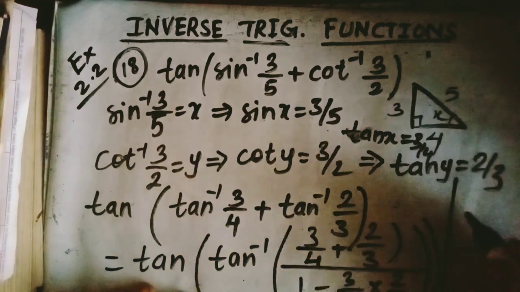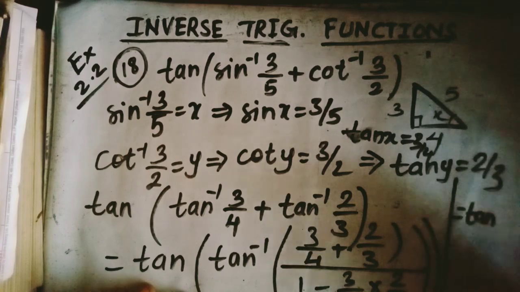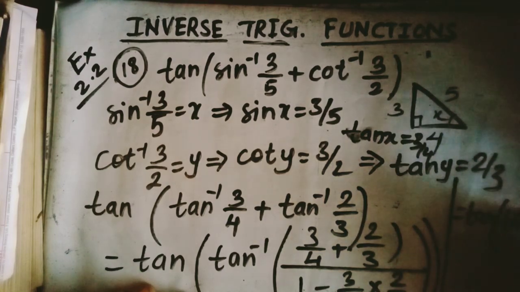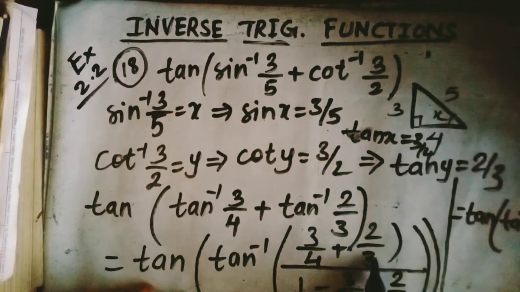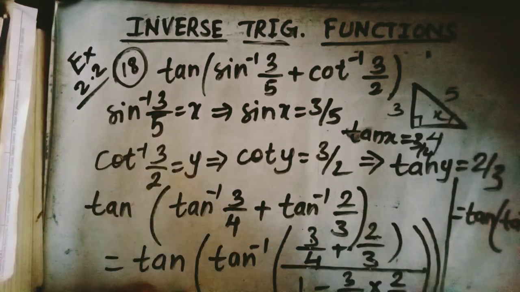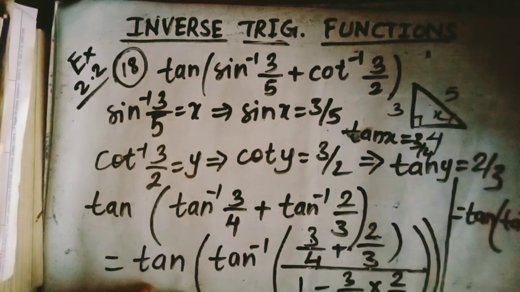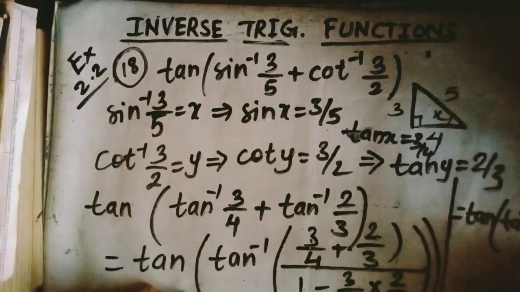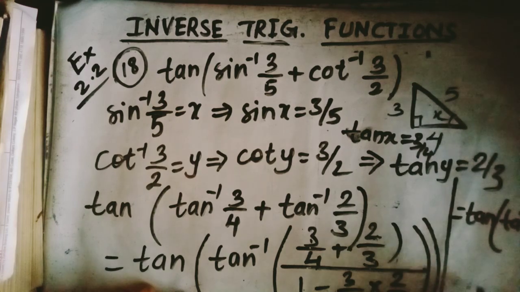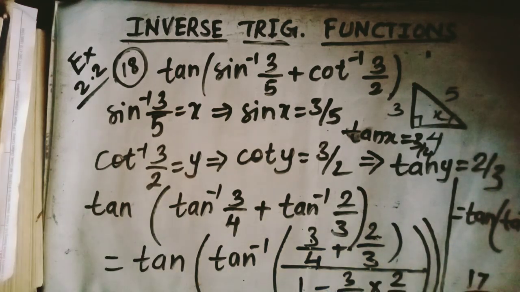So this will be 9 plus 8, 17 upon 12, divided by 12 minus 6, so 6 by 12. So you will get 17 by 6 as the answer.